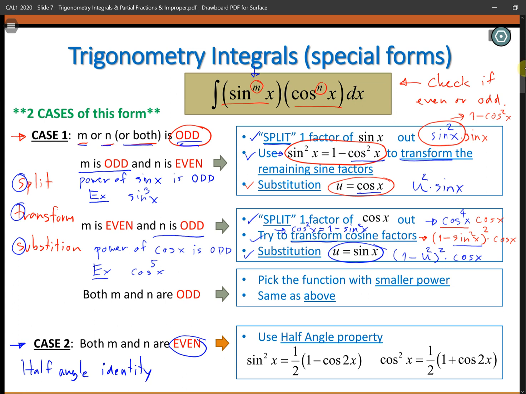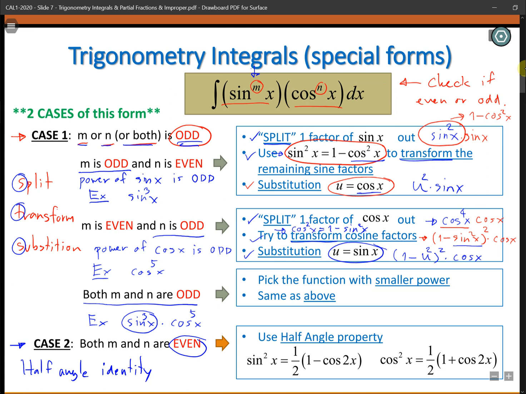Now the question is, what about the case when both of them are odd? Like this, both of them are odd. For example, we have this sine of x to the power of 3 times cosine of x to the power of 5. The question is, what are we going to do here? Both are odd. The best way to deal with this is to pick the one with the smaller number of the power to work on.